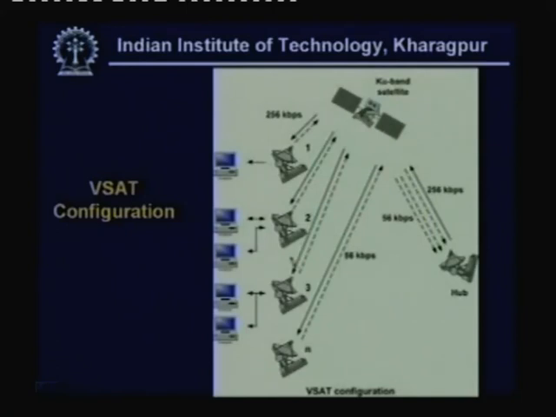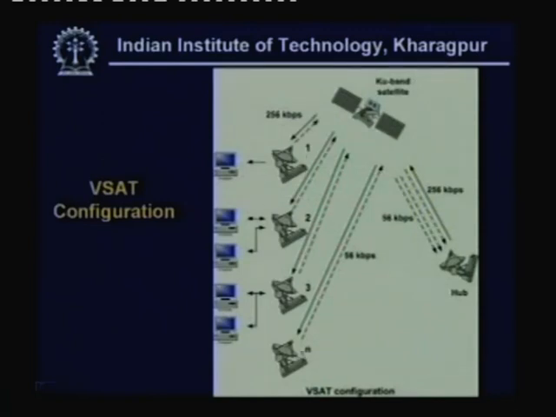So, you can see here how the communication is taking place. Each of these VSAT antennas can send a signal, as you can see, 1, 2, 3. So, n such stations can send, and as you can see, they are going to the hub in some time division multiplex form. Then the signal coming from the hub is broadcast by the satellite, and it goes to all the other stations.